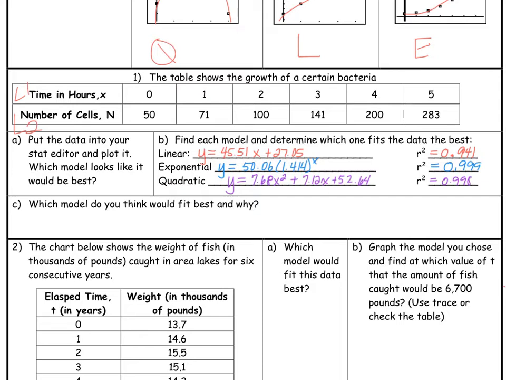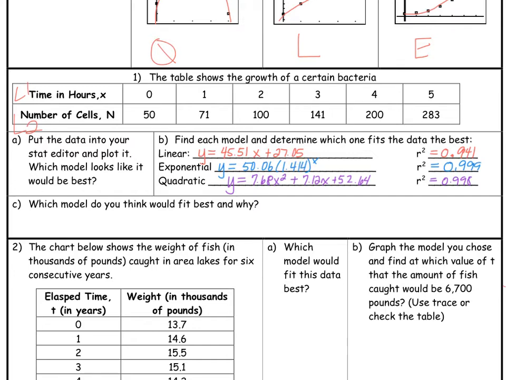And if you look at the starts on whether it's linear, exponential, or quadratic, what our y-intercept is, for linear, the y-intercept was 27.05. Our table gave us 50. Exponential, it was 50.06, which is much closer. And then quadratic, our start was 52.64, which is closer than the linear, but not quite as close as the exponential.